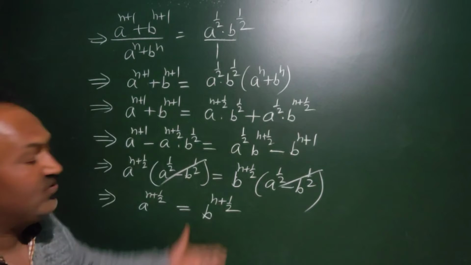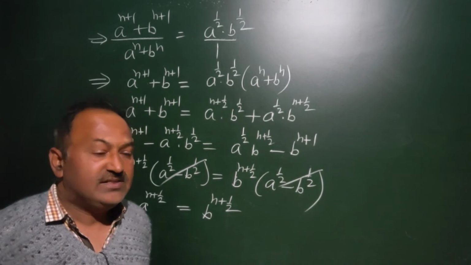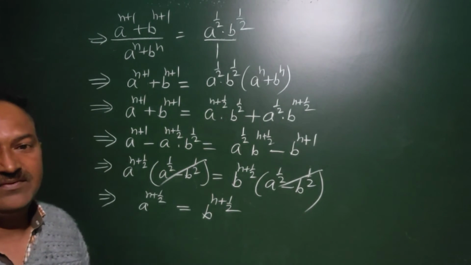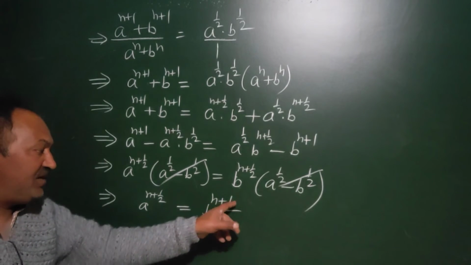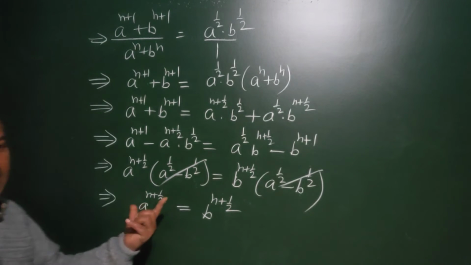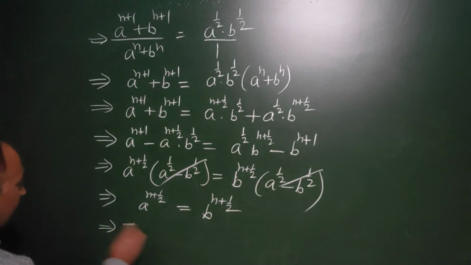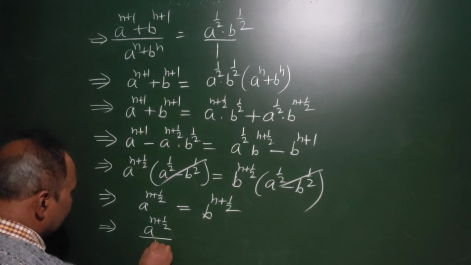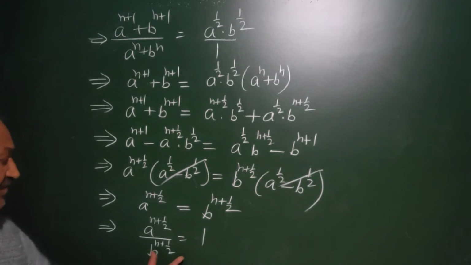This is very important. These steps are very important for these questions. You have to take precautions at every step. Now dividing by b^(n+1/2), we get a^(n+1/2) upon b^(n+1/2) is equal to 1.